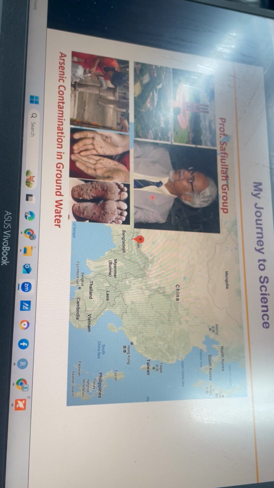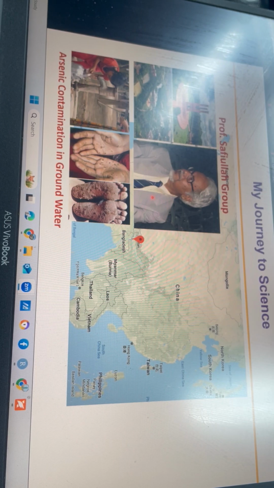So I started working with him to make some filter material that can remove arsenic, because as you know, we have arsenic contamination in our groundwater. My initial research was to collect water from different tube wells and then measure how much arsenic we have.